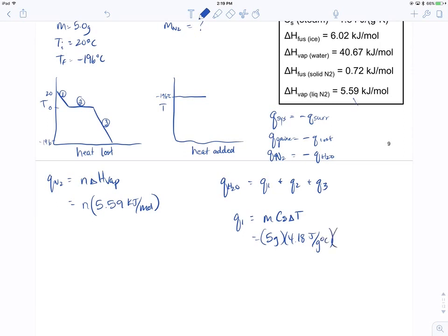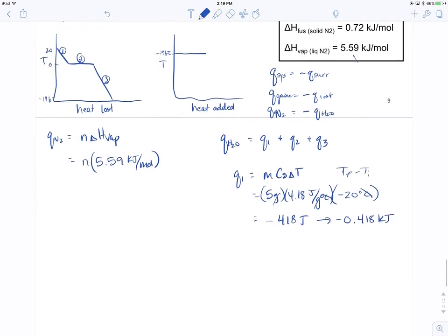And my change in temperature, T final minus T initial, we have a final temperature of 0 minus 20 degrees, so we have a change of negative 20 degrees Celsius. And so this calculates out to negative 418 joules, and you'll see that it's going to be useful to put this in kilojoules eventually.